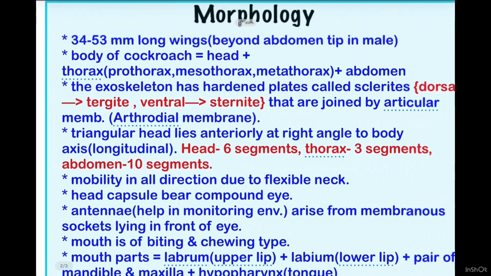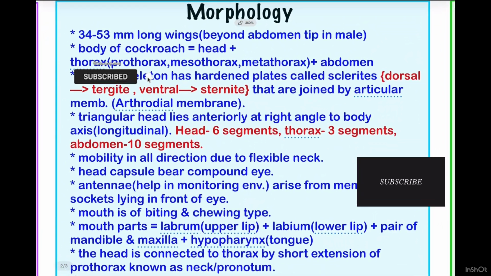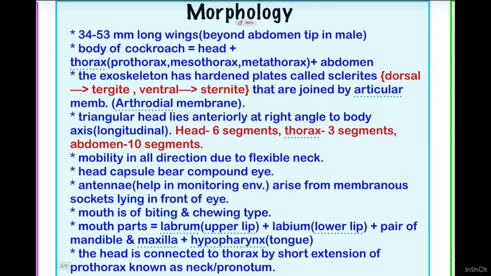And next we go to morphology. When it comes to morphology, it is 34 to 53 mm long. If wings can be seen beyond the abdominal tip, then you can consider it a male. So how will you recognize a male from the female? By having the anal style.